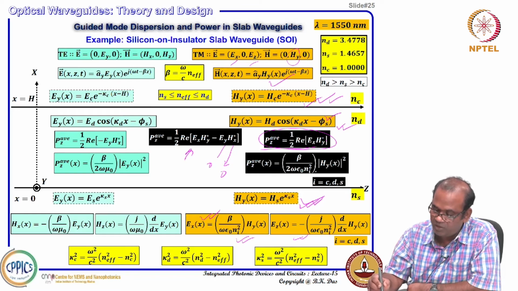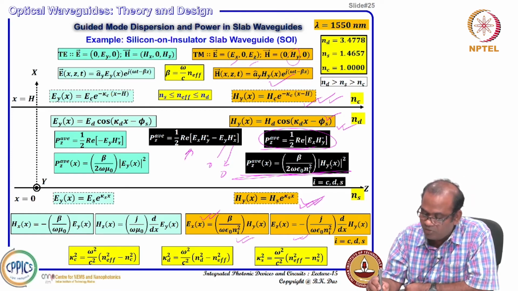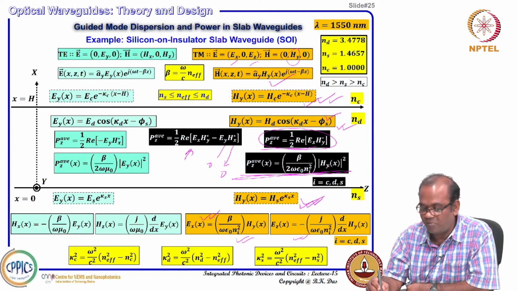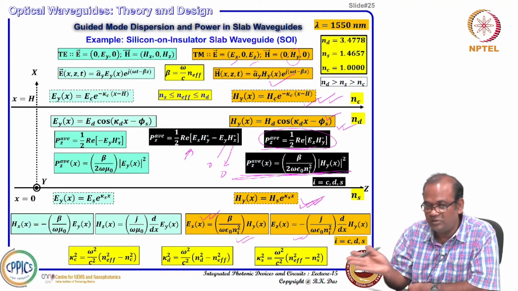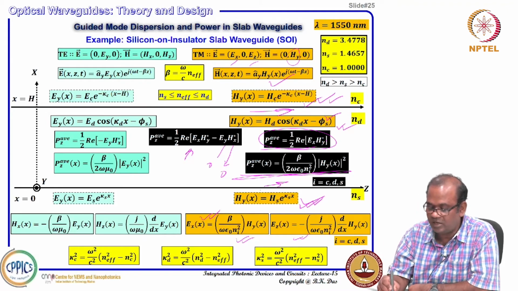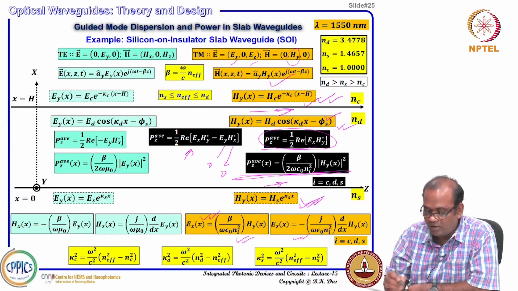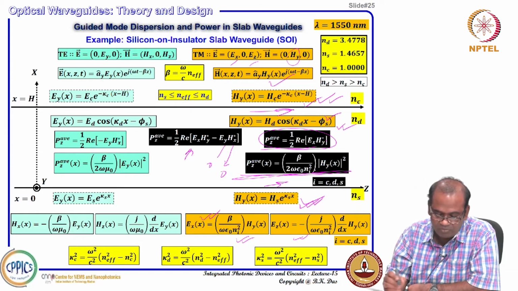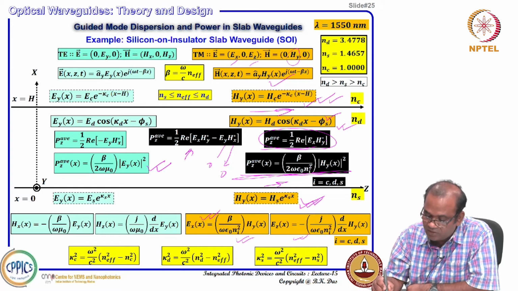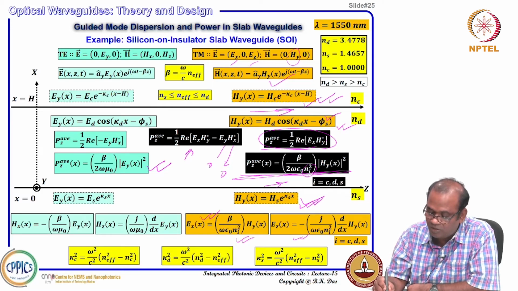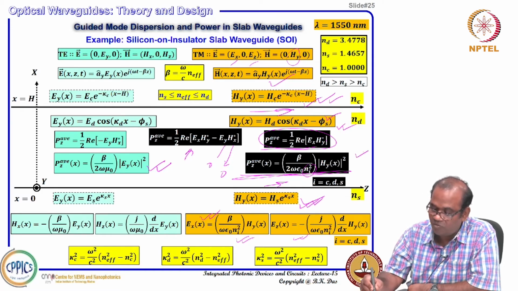Using that E x, I can express the energy flow per unit area per unit time in terms of the tangential magnetic field component, because that is the solution I have. At every position I know the intensity flow in the z direction, but in terms of H y. But remember that for TE polarization, beta by omega mu 0 is there, but in the case of TM polarization there is an n i squared, because you have to consider the refractive index, whether it is in the core region, top cladding or bottom cladding.